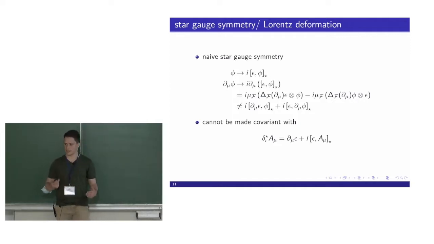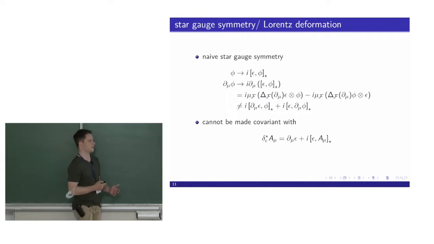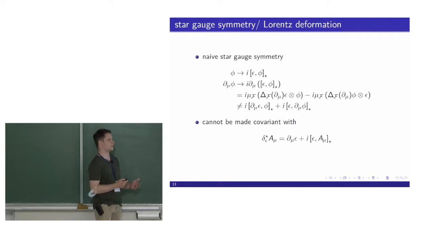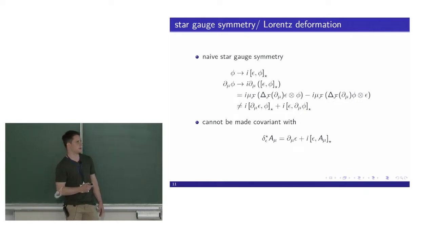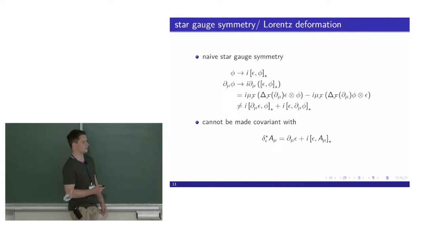Then, as the next step, we would like to define some covariant derivative on that, and therefore we need to look at the transformation rule of partial derivatives of these scalar fields. Here, in the transformation, this partial derivative acts on the star commutator, so basically on star products between functions. But this means that this partial derivative needs to act via the twisted coproduct instead of the usual undeformed coproduct on these tensor products.